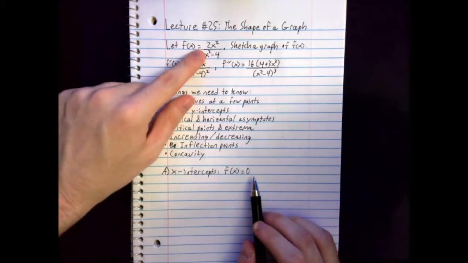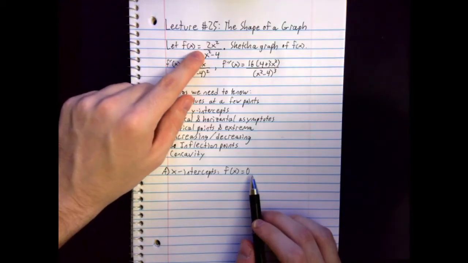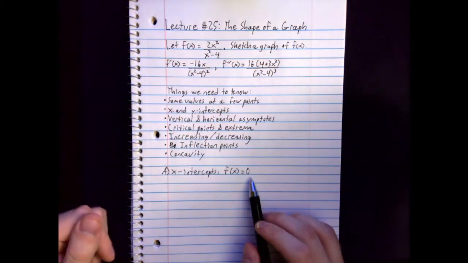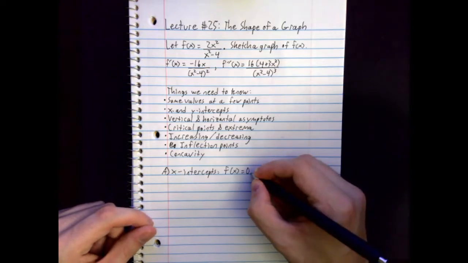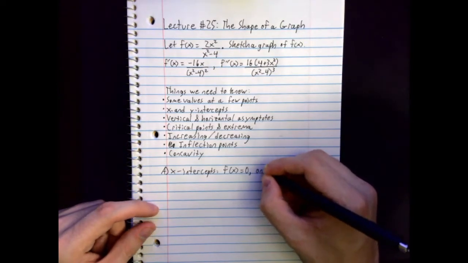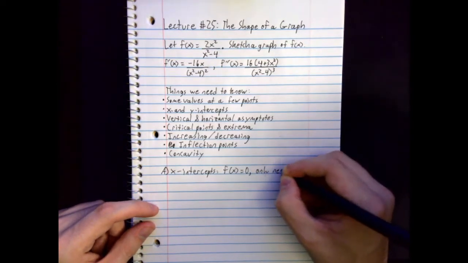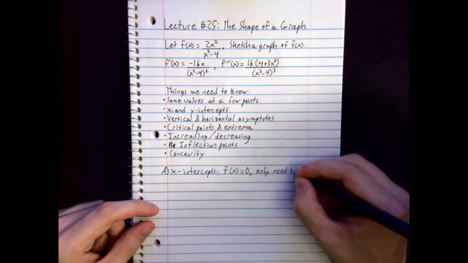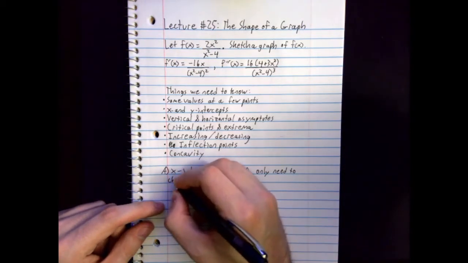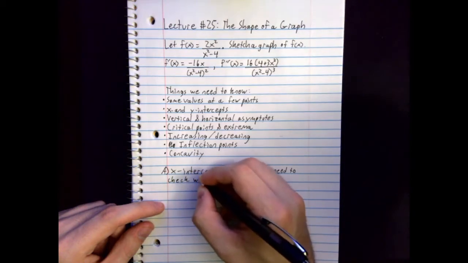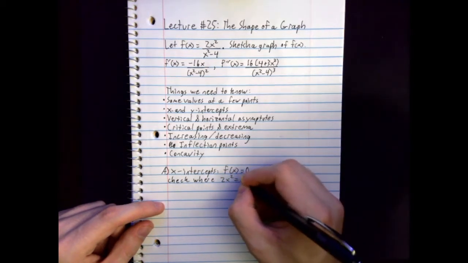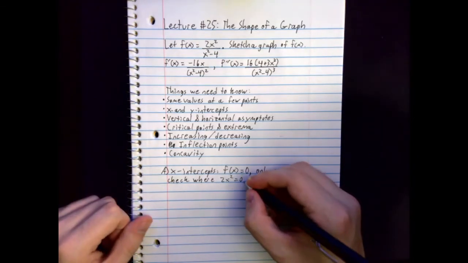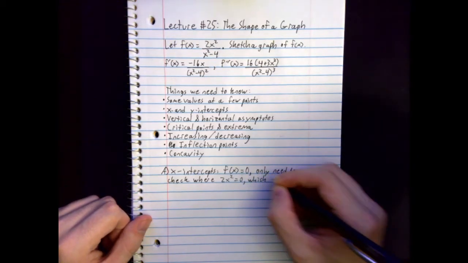Well, if I have a rational function, 2x squared over x squared minus 4, this function is only 0 when the numerator is 0. So we only need to check where the numerator, 2x squared, is equal to 0. And it's equal to 0 at 0.